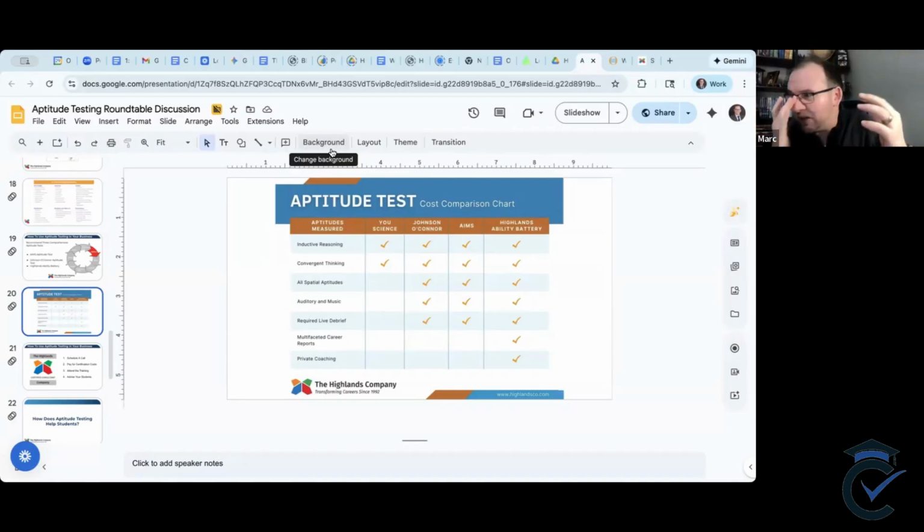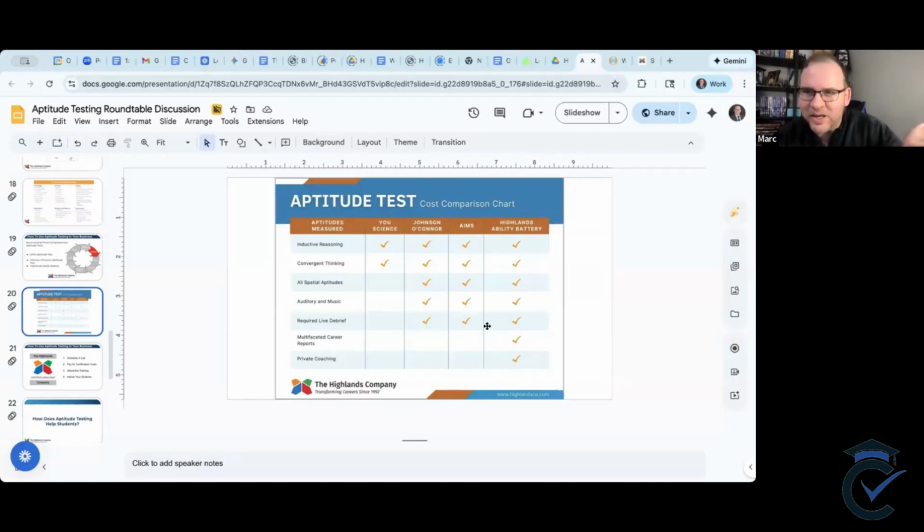I really enjoy talking about this, but I use this product, so obviously I'm going to say better things about the Highlands Ability Battery. With that said, at the Q&A at the end, please ask me whatever and I'll tell you anything, because I don't care. It doesn't threaten me to talk about how great each of these are, because both the Johnson O'Connor and the Ames are excellent aptitude tests.